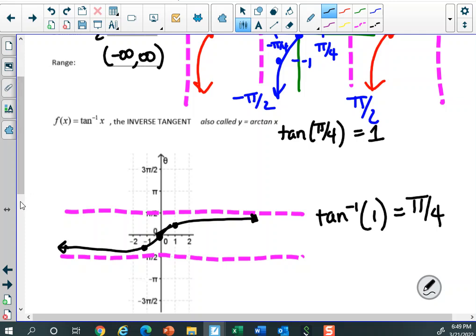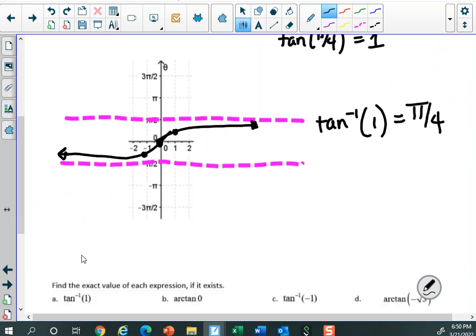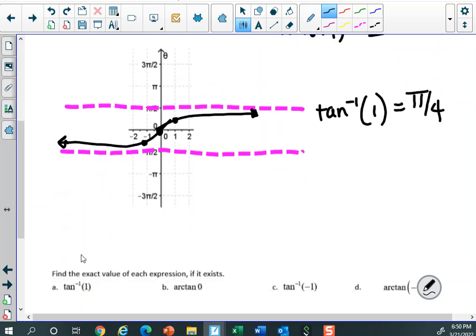I usually can remember that the tangent of 1 is pi over 4 and negative pi over 4. But the other two tangents we get in the families, the root 3 over 3 and the root 3, I easily confuse those. So best plan is to do a little bit of memorization.